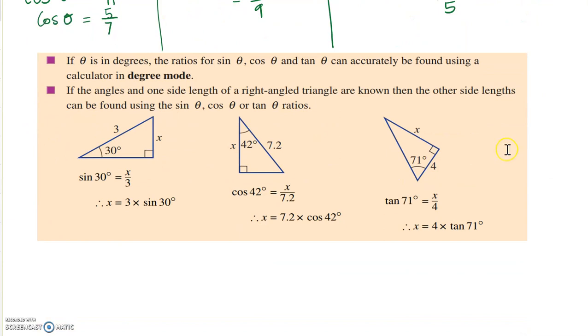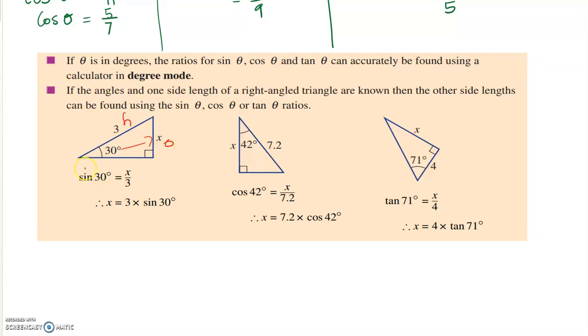Now, the main thing is that you need to identify first which ratio to use. So if you have a look at the example that's given over there, for these three triangles, in relation to angle 30, x is the opposite side and 3 is the hypotenuse.